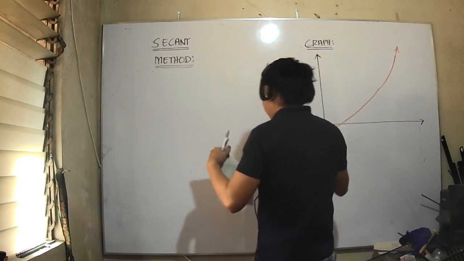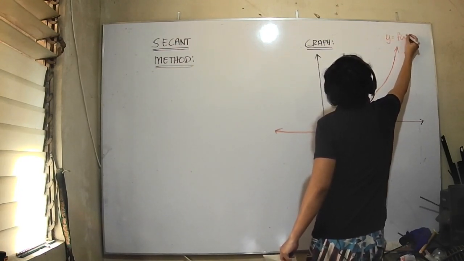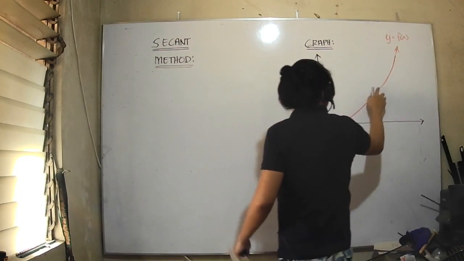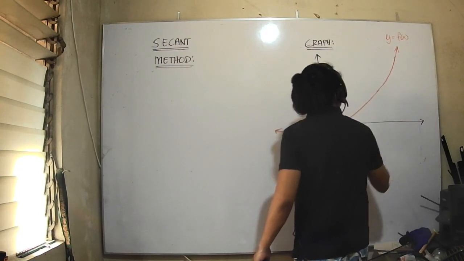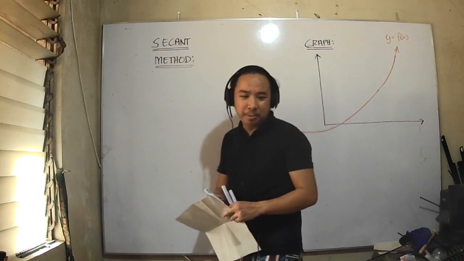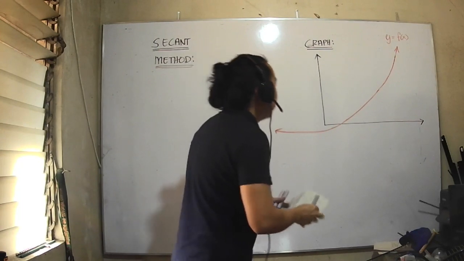This is what we call y is equal to f of x. Now, the curve is straight here. Well, curves are not supposed to be straight. Anyway, this is a generic curve.